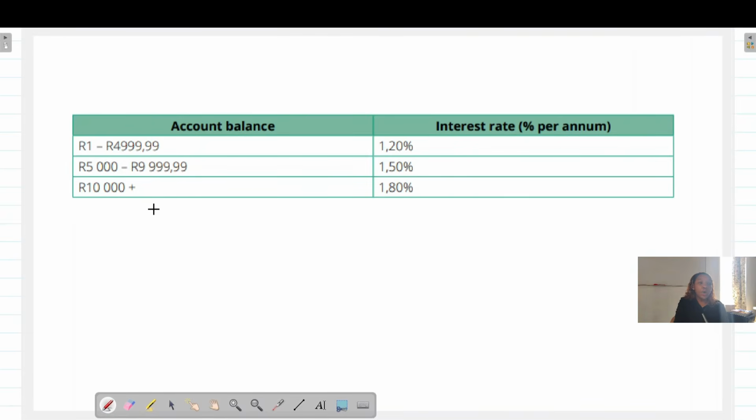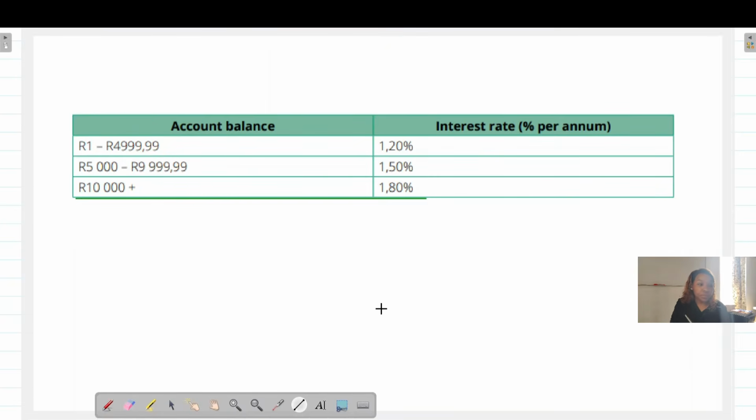So to get the interest rate for the month, what do we need to do? First thing we need to do, okay, his account balance is greater than 10,000, right? This is the row that we're going to be working with. And then to get the interest rate for the month, it's super easy.